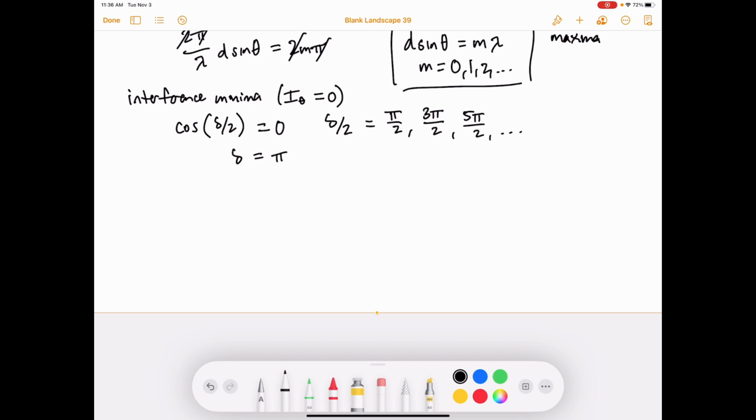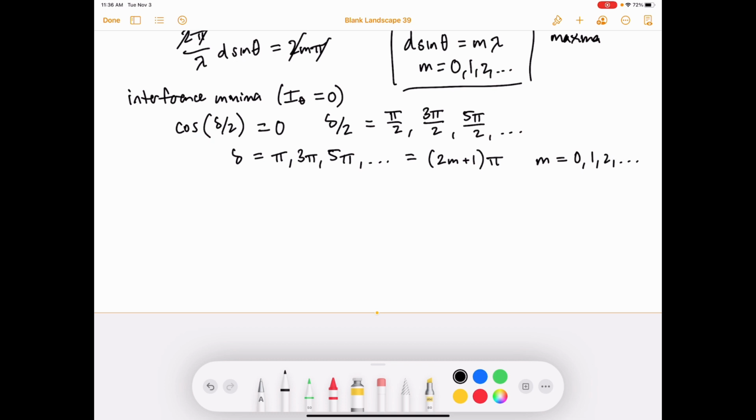That would be pi, 3 pi, 5 pi, and so on. Basically the odd multiples of pi as opposed to the even ones. So generally, we can write this as 2m plus 1 times pi. That's the general way of saying I have an odd multiple of pi. Of course, m can be 0, 1, 2, and so on.